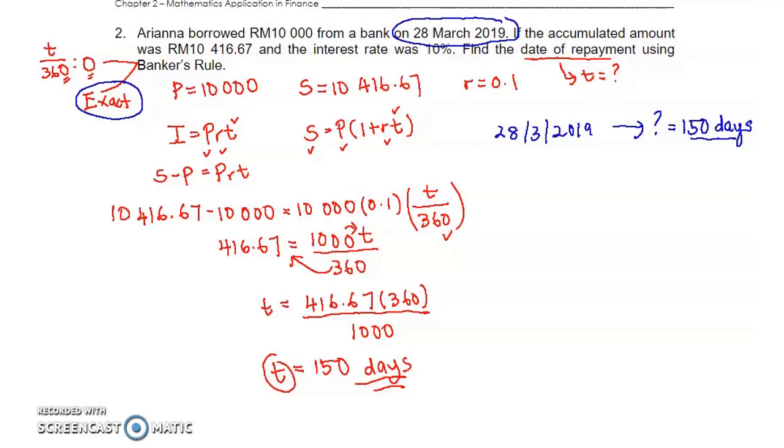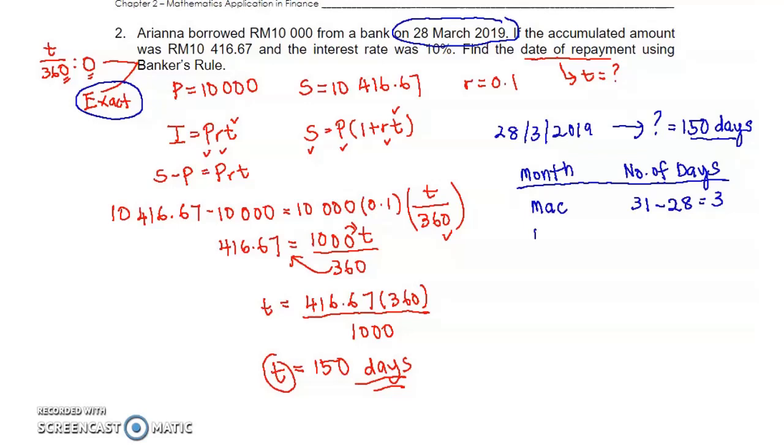Now start from March. March has 31 days, exact number of days under banker's rule. We start on 28, so 31 minus 28, we have another 3 days. So in March we have 3 days left.